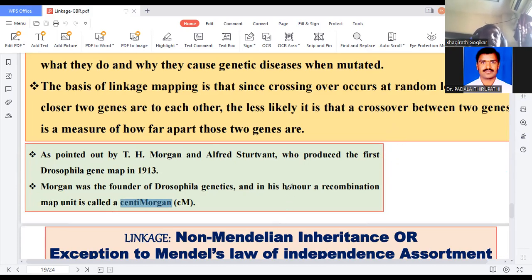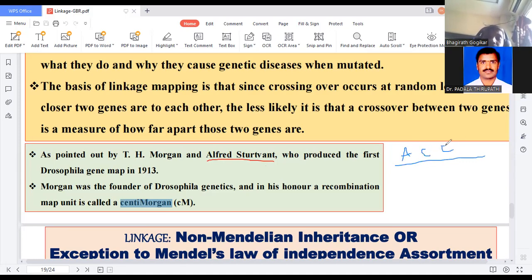Genetical maps, chromosomal maps or crossing over maps were first designed by Alfred Sturtevant. They are useful to know the position of genes, the distance between genes, and the order of genes on the chromosome. Why do we construct chromosomal maps? To know the order of the genes: after A, which gene is present on the chromosome?